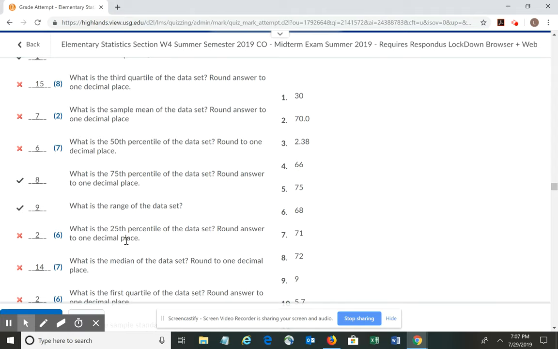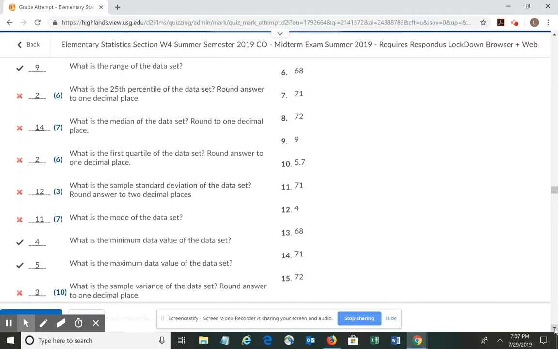She got it correct, even though it counted it wrong. The median was 71, and she put number 14, which is actually 71, so that's correct. The first quartile was 70, so she used number 2 again, so that's correct.